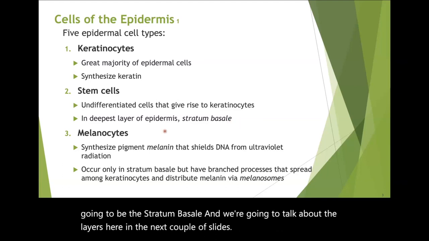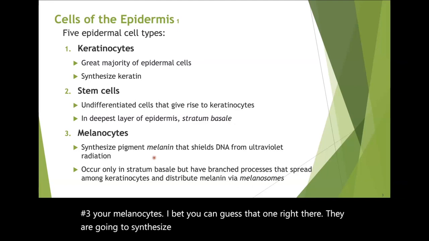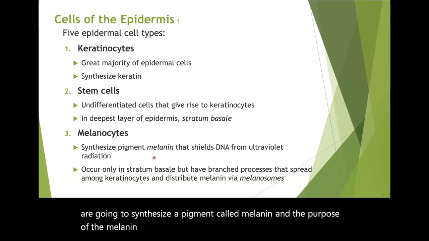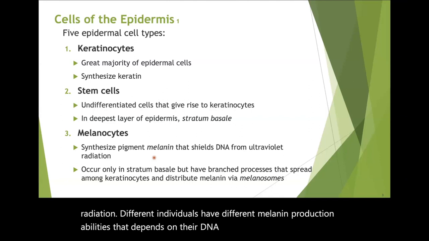Number 3, your melanocytes. I bet you can guess that one. They synthesize a pigment called melanin, and the purpose of the melanin is to shield your DNA from ultraviolet radiation. Different individuals have different melanin production abilities, depending on their DNA. In a later PowerPoint, we will discuss what that looks like.